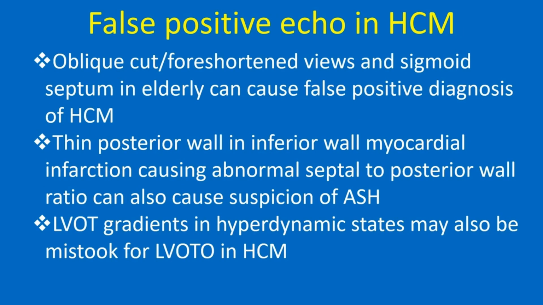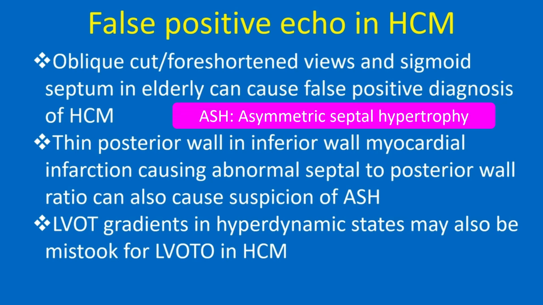Oblique cut or foreshortened views and sigmoid septum in the elderly can cause false positive diagnosis of HCM. Thin posterior wall in inferior wall myocardial infarction causing abnormal septal to posterior wall ratio can also cause suspicion of ASH. LVOT gradients in hyperdynamic states may also be mistaken for LVOT obstruction in HCM.